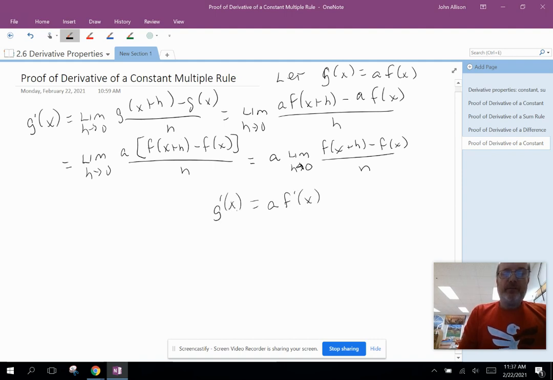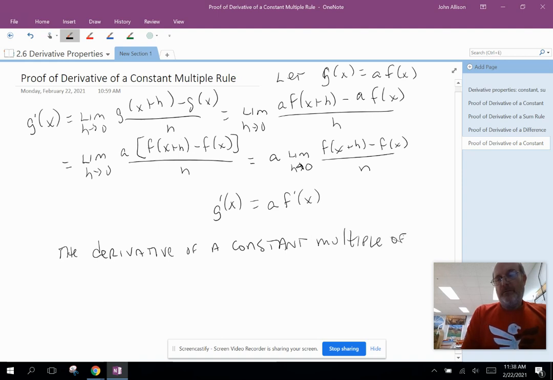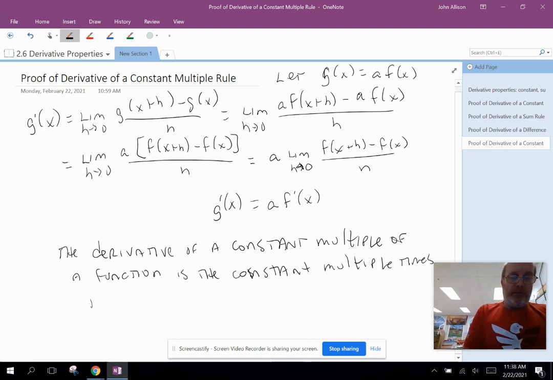So the derivative of a constant multiple of a function is the constant multiple times the derivative of the function.